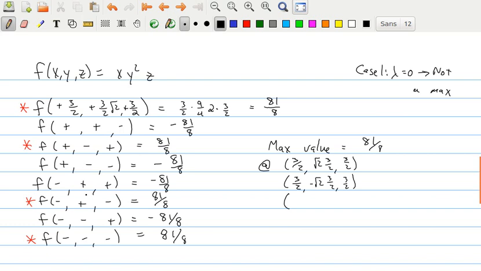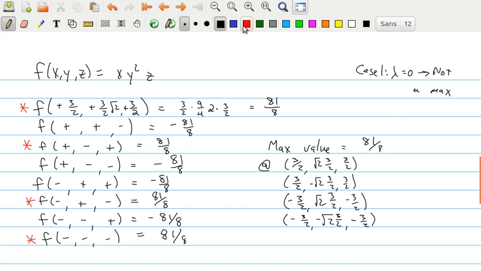It also happens down here where we've got negative 3 over 2, positive radical 2, 3 over 2, and negative 3 over 2. And finally, this last critical point, it happens when all three are negative: negative 3 over 2, negative radical 2, 3 over 2, and negative 3 over 2. So these are the 4 points at which it attained its maximum value.